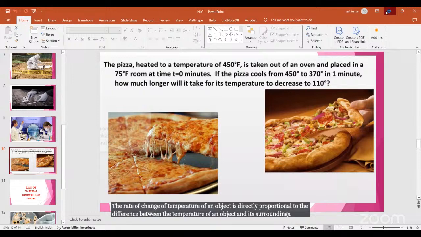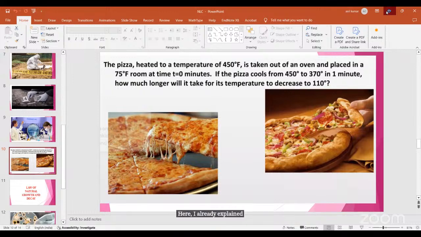Here, I already explained the temperature of an object is theta. The temperature of the surroundings is denoted by theta naught.